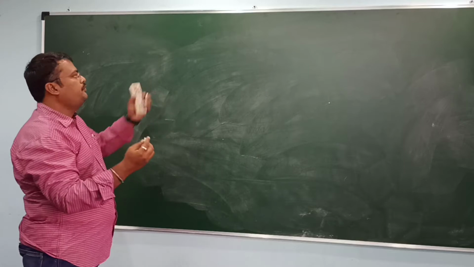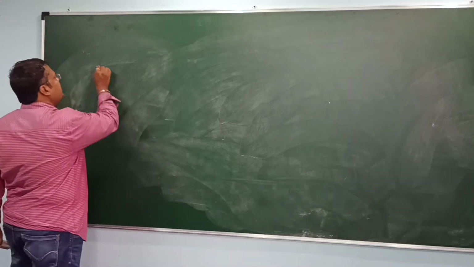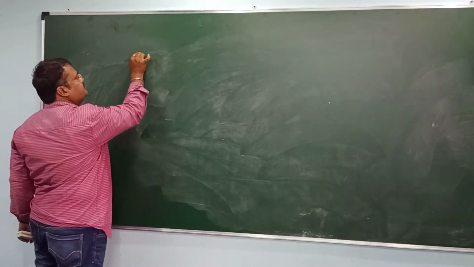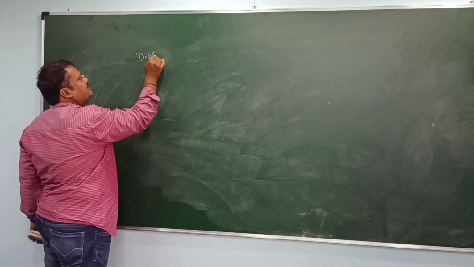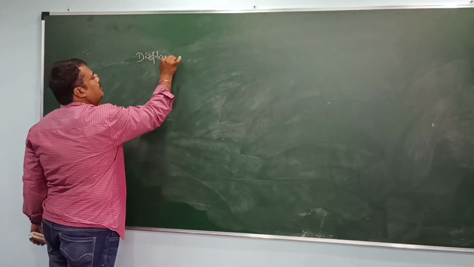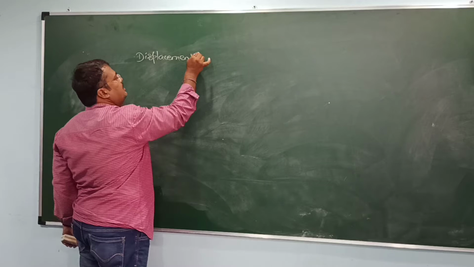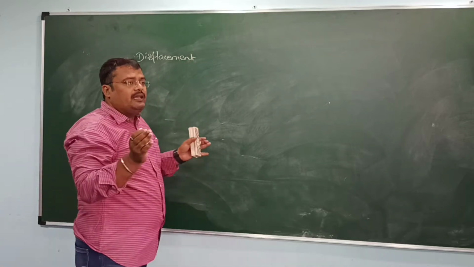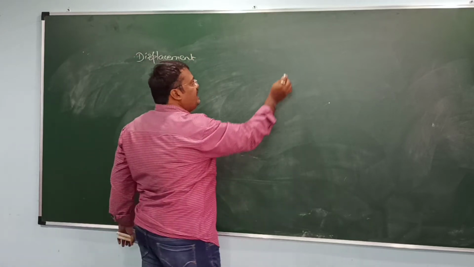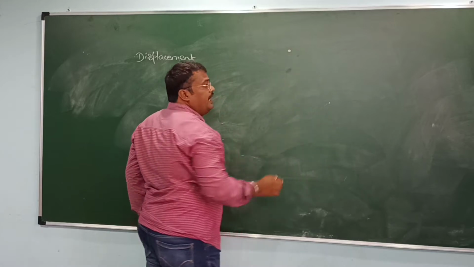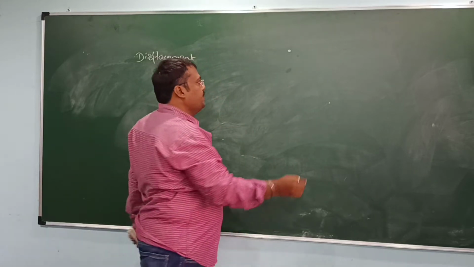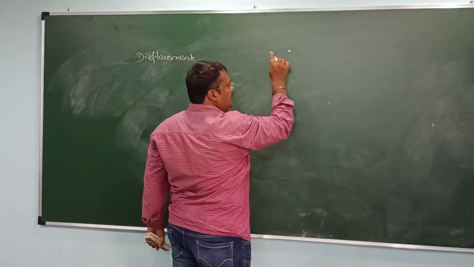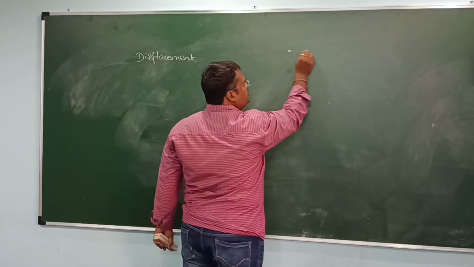First of all, let us take the displacement of a particle in any oscillatory motion. Oscillatory motion is nothing but a to and fro motion. One particle is existing at this position.